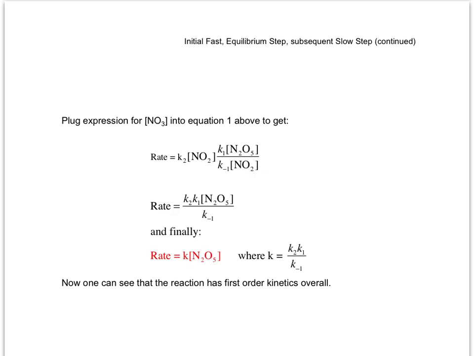Now we've eliminated the NO3, and the NO2s are going to cancel. I can write that down. They cancel. And then we're going to end up with the rate of the slow step equal to k2 times k1 divided by k minus 1 times [N2O5] here. All right, and then simplify again.